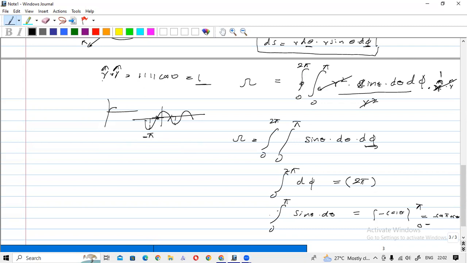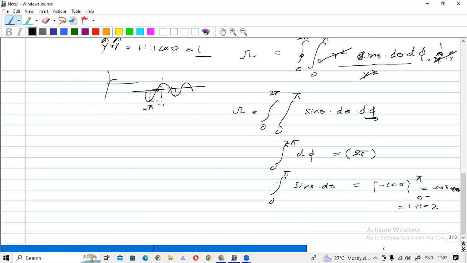So minus cos π is minus minus 1, which gives plus 1. Plus cos 0, which is 1. So plus 1, and you have 2. So what is the omega value? You have 2 times 2π, that is 4π.